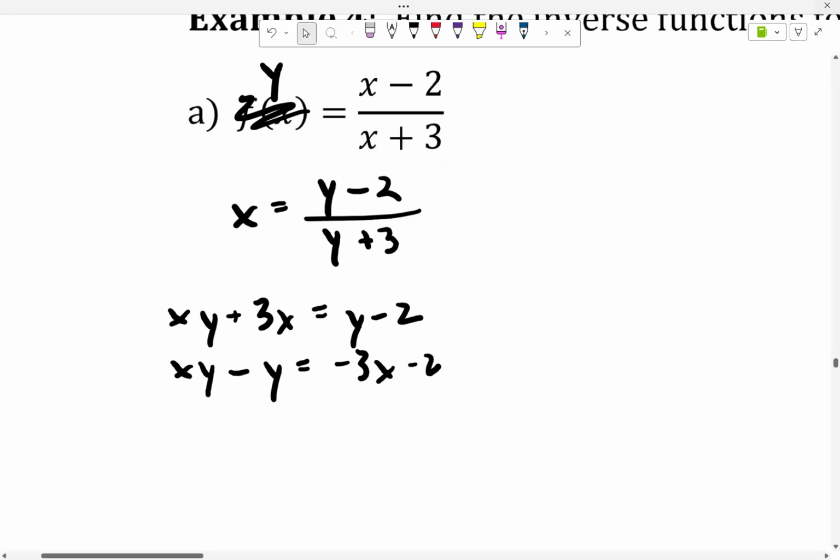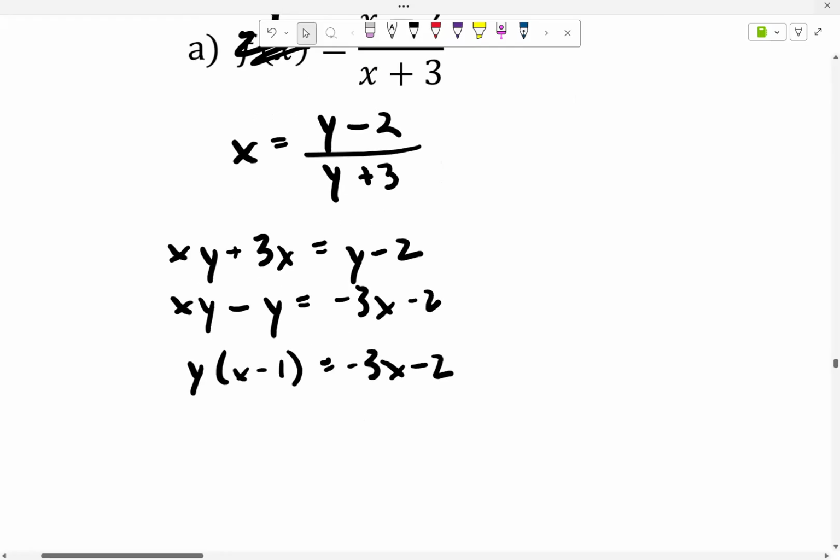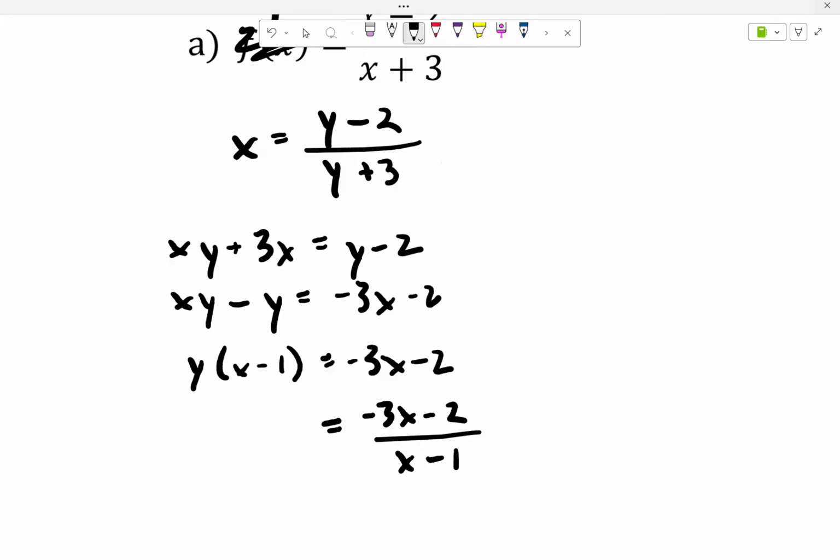And then I factored out y, x minus 1 over x minus 2 and then divided by x minus 1. And instead of y, you wrote f inverse of x. Do we agree?